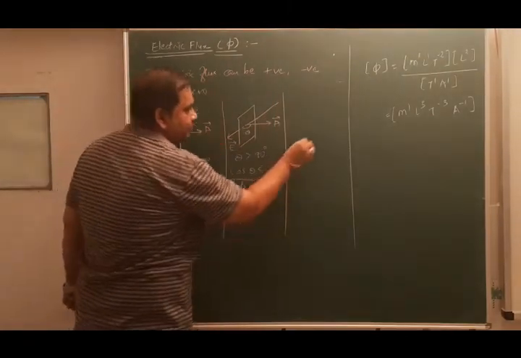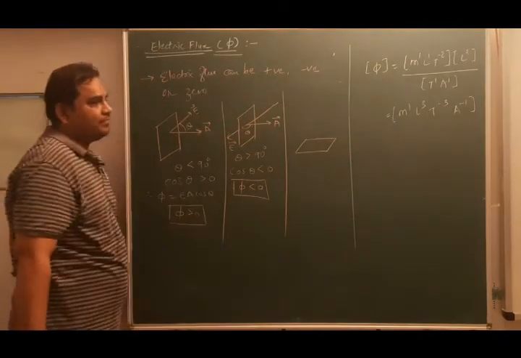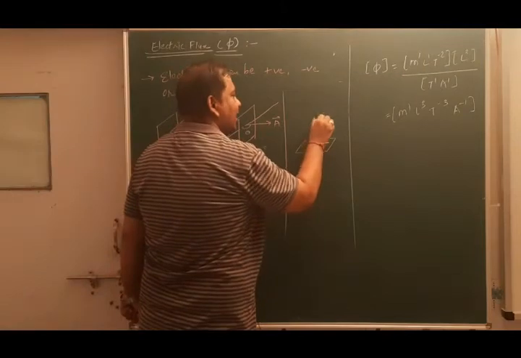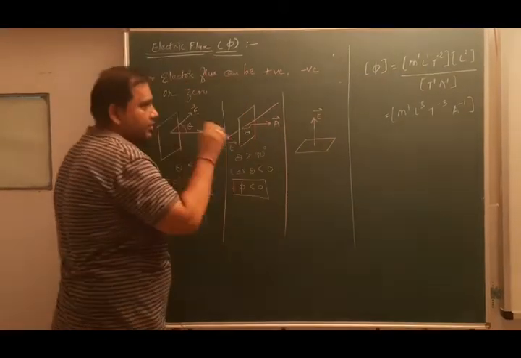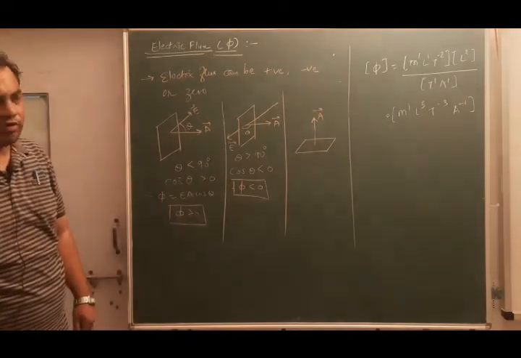But now, if this is the area, अगर ये एरिया है and area vector इस तरह है outward normal, हमेशा यही होगा area vector outward normal.